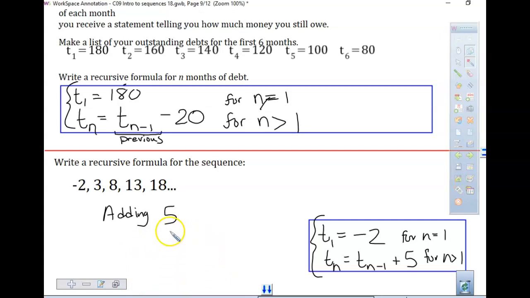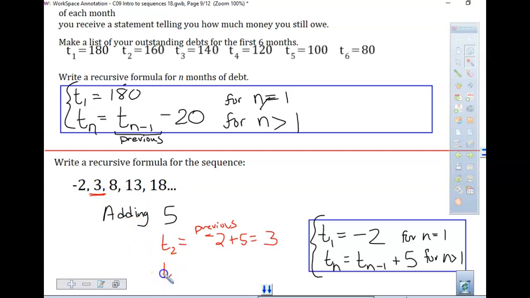How can I check that this is working? Like solving equations, if I find T sub 2 using this formula, that means I take the previous. What was my previous term? The previous was -2. And if I add 5, oh great, I got 3.